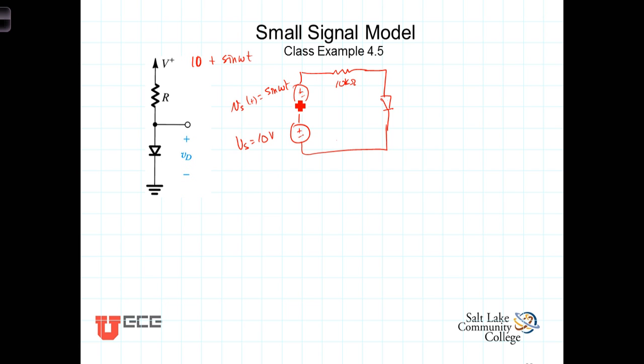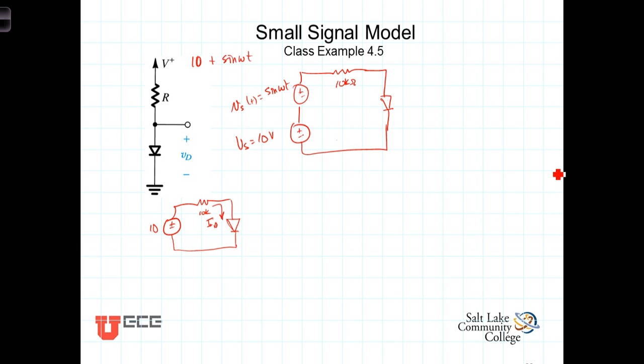So first of all, in the DC, we have our 10 volt source through a 10 kilo ohm resistor driving the diode. And we need to determine the current I sub D here so that we can calculate that incremental resistance. Now we're free to use any model we want.